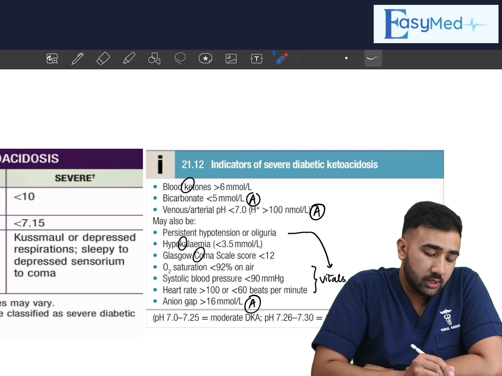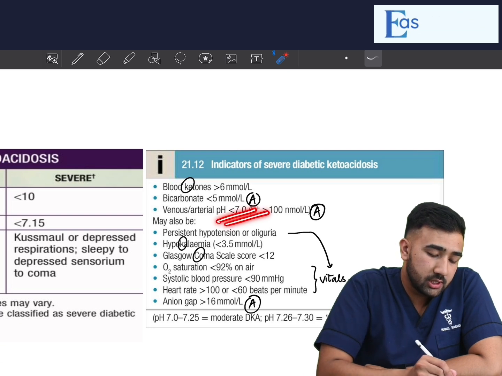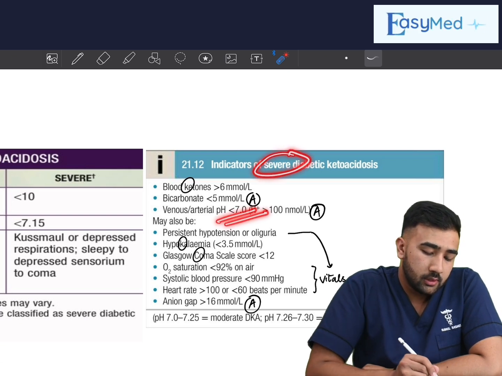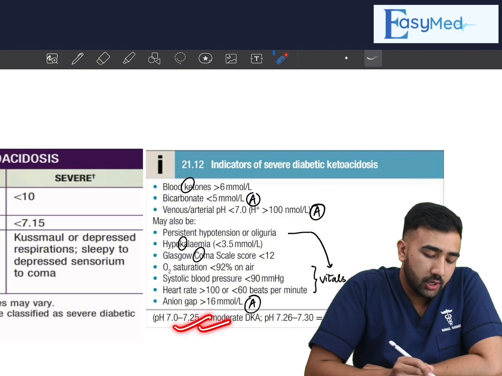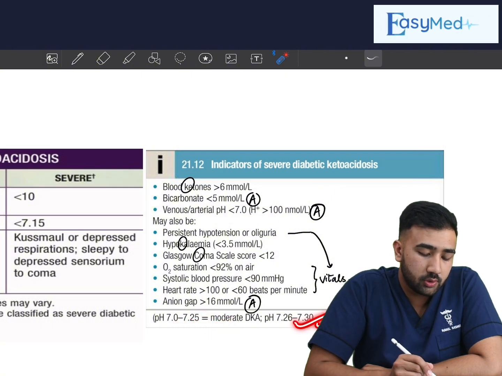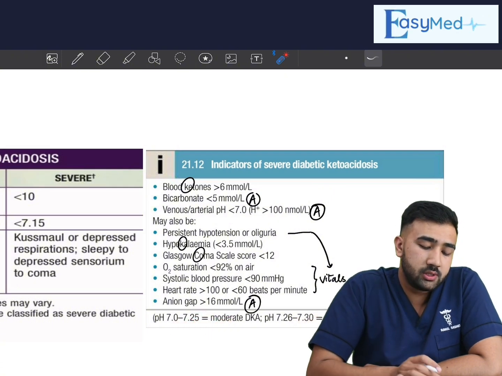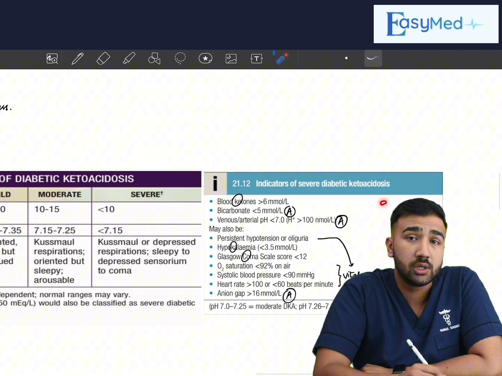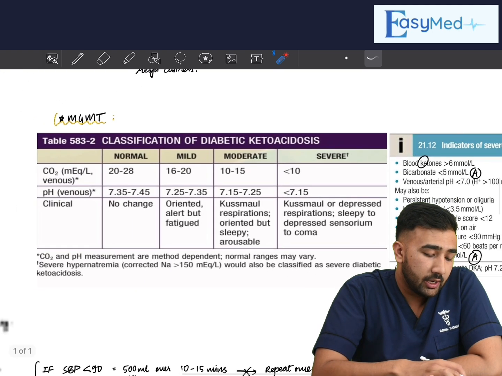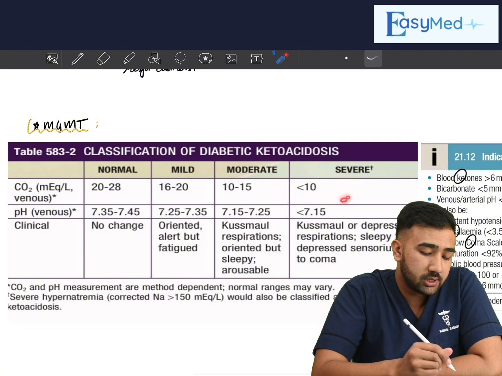According to the pH, like we said, less than 7 is severe, 7 to 7.25 moderate, and 7.26 to 7.3 mild. Now this varies from book to book. This one is from Davidson, and now this one from Nelson.